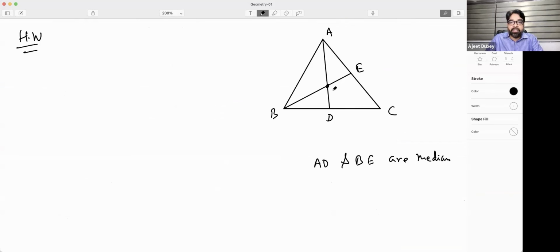Suppose they intersect here at P. You have to tell me what is the ratio AP is to PD. Maximum of you may be knowing also. Sir, 2:1. Yes, but I want that by the vector method. I want to know this ratio by vector method.